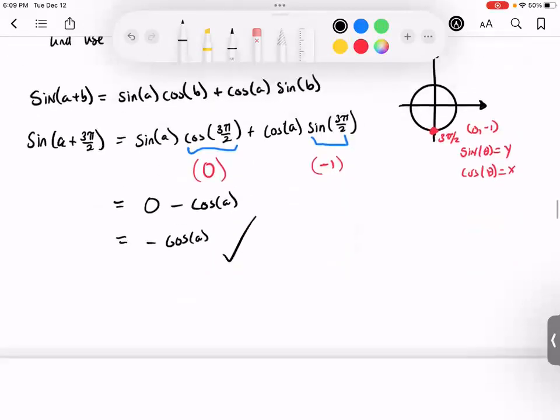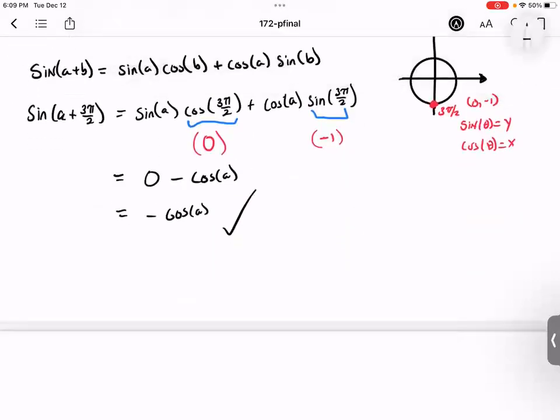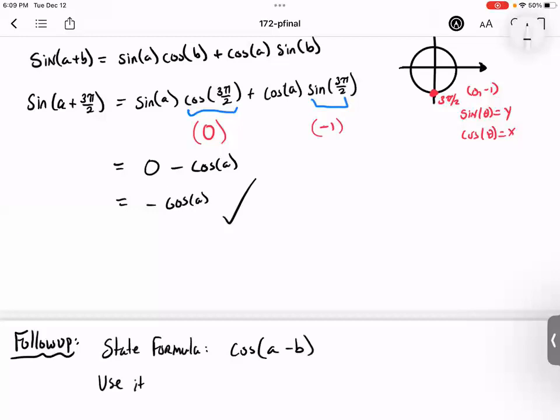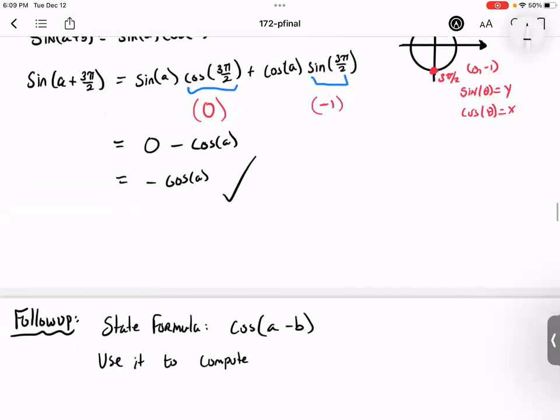Let's just do a little follow-up to this problem. Let's say that now we want to state the formula for cosine of a minus b, and then use it to compute cosine of a minus pi.